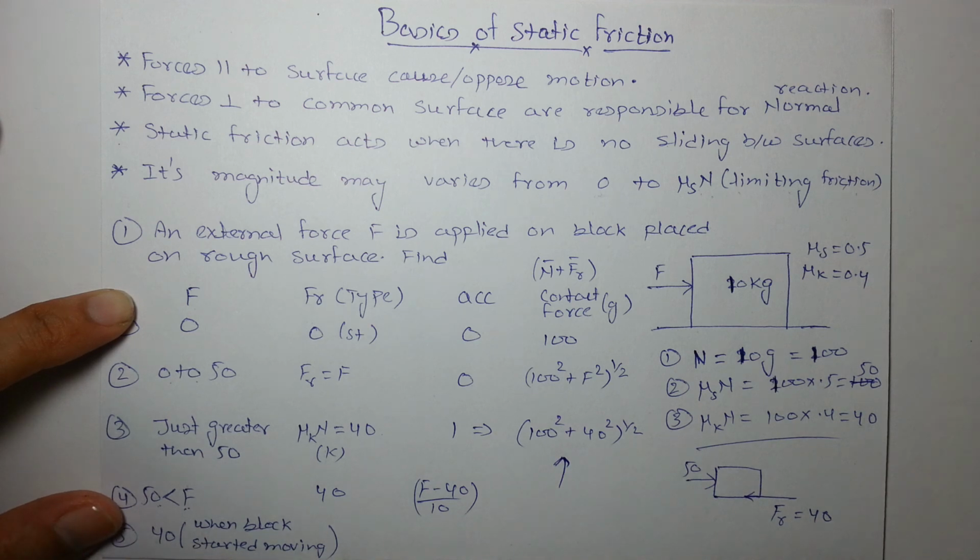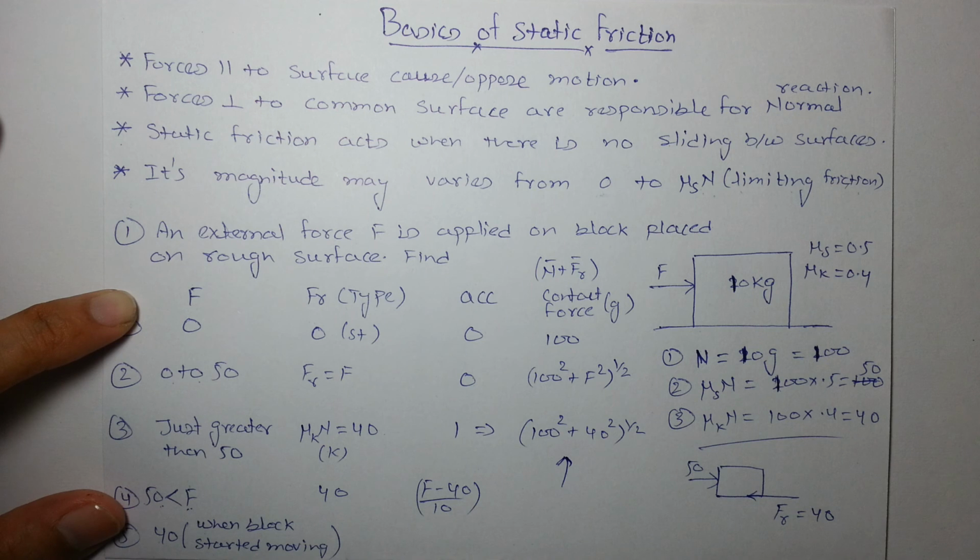When the block started moving, now the force is decreased to 40 Newton. Okay, so when the block starts moving, and if you still decrease the force to 40 Newton, the friction will be kinetic, and acceleration will be 0, because again the block is moving in this direction.